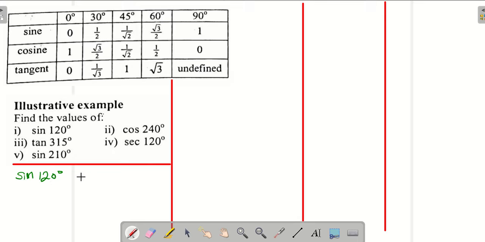Sine 120 degrees is an obtuse angle. So it means that it is in the second quadrant.